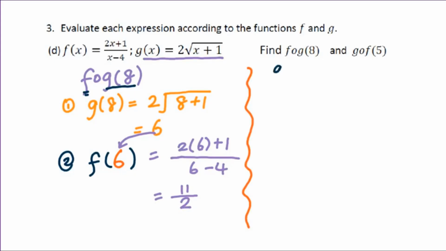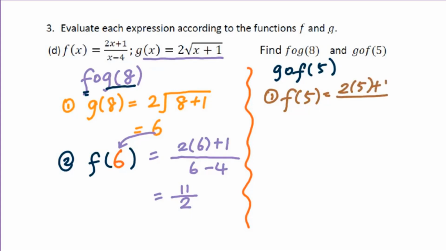Now let's go to g of f of 5. Inside first. Therefore, we're working on f of 5. Plug 5 into the f function. We got 2 times 5 plus 1 over 5 minus 4. You got 11 over 1, which equals 11. Then second step, after we got f of 5, we go to the g function, g of 11.